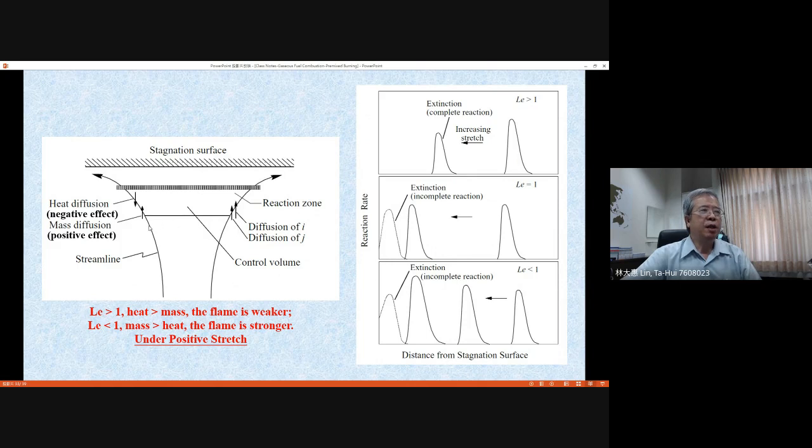Which means that when the premixture moves along the stream tubes, all the mass comes to here, then diffuses directly to the flame, restricted by the stream tube, even as the flame region becomes larger. So the mass diffusion is fully used to support your burning flame.